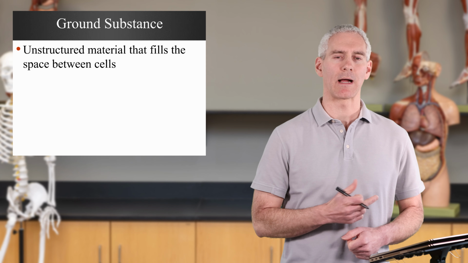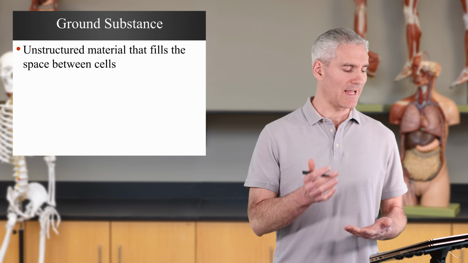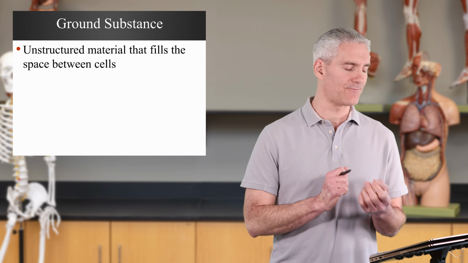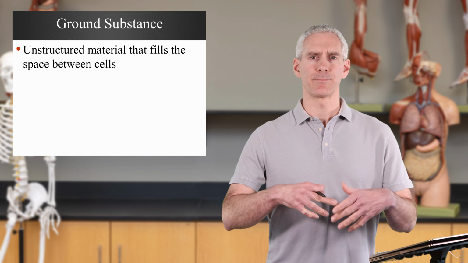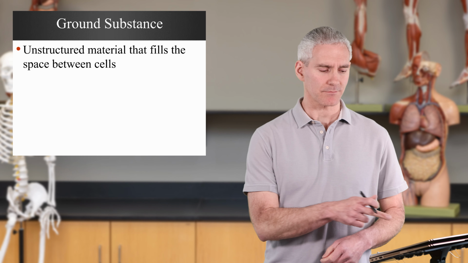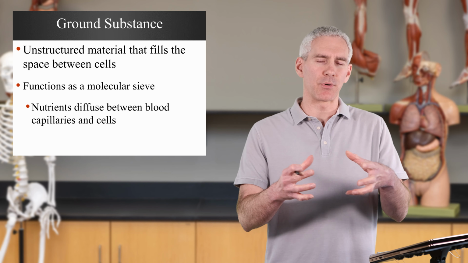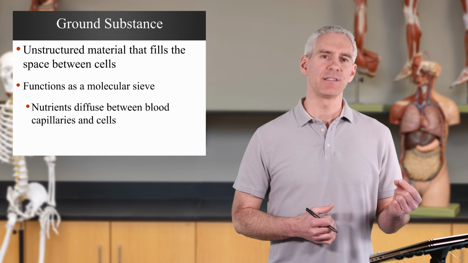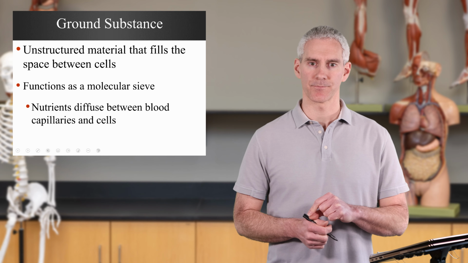Let's start with the ground substance. Ground substance, by definition, is unstructured material that fills the space between cells. That's pretty broad. That gives you a lot of stuff in there. What you're looking at is it helps to build everything, put everything together, and the composition of this ground substance will change from tissue to tissue.